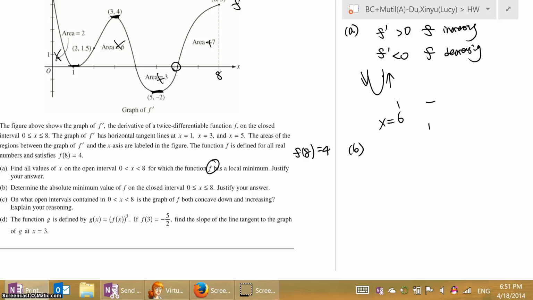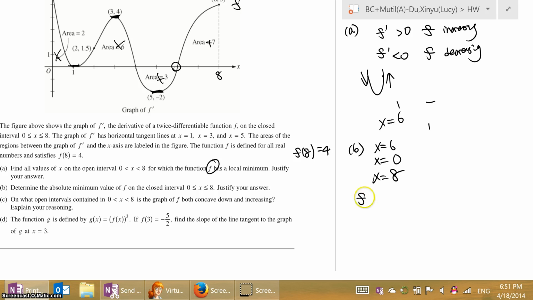The first is what we found in part A: the local minimum might also be the absolute minimum, which is at x equals 6. And both endpoints might be the minimum, which are x at 0 and x at 8. So we have to use the fundamental theorem of calculus to figure out which one is the absolute minimum.